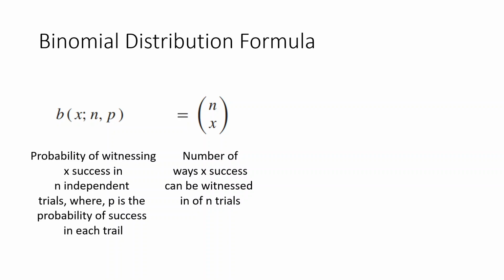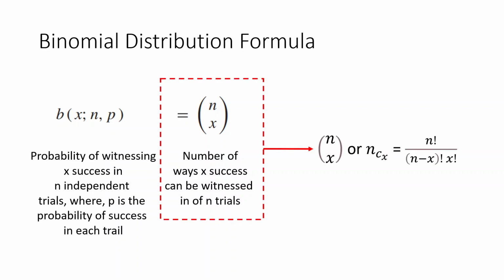Here x successes in n trials we are defining, and nCx is expanded as n factorial divided by (n minus x) factorial times x factorial. So here is x successes in n trials. n means the number of trials we are repeating, and we are interested in getting x successes.